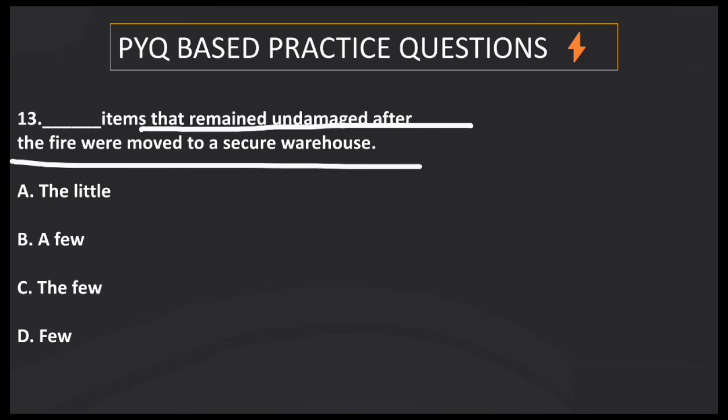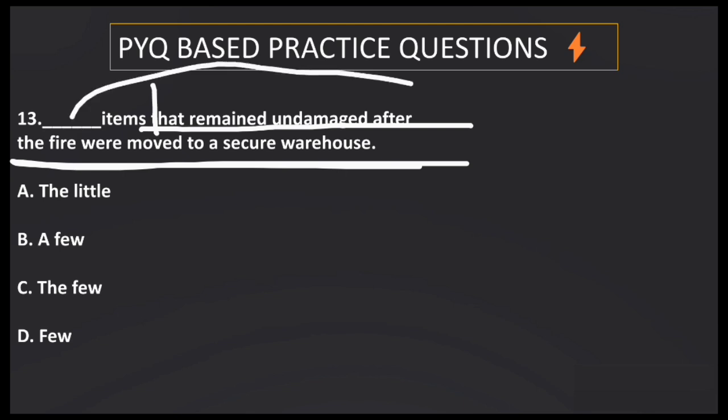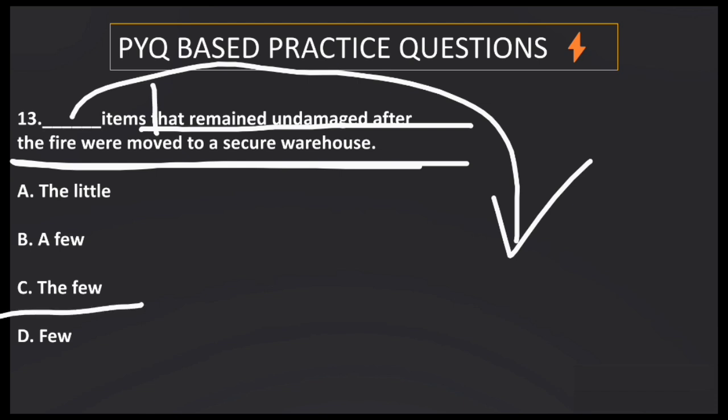If you read it very specifically, this relative clause, you will feel that remained undamaged refers to the previous items, that specific group of items. And when it's specific, we should use the few because it indicates something specific, something definite. So here, the few is the correct option. The few items that remained undamaged after the fire were moved to a secure warehouse. So let's move to the next question.